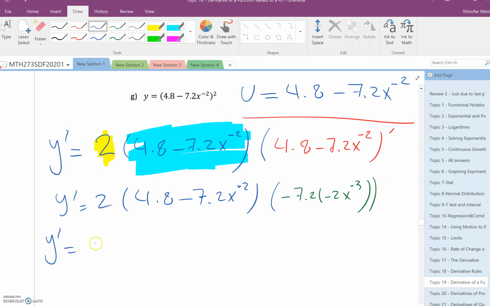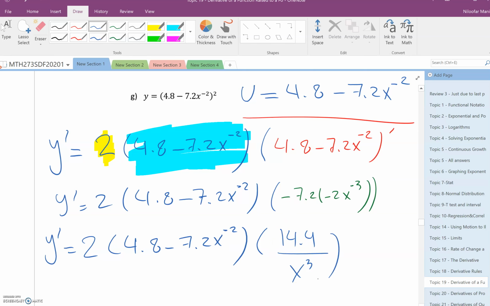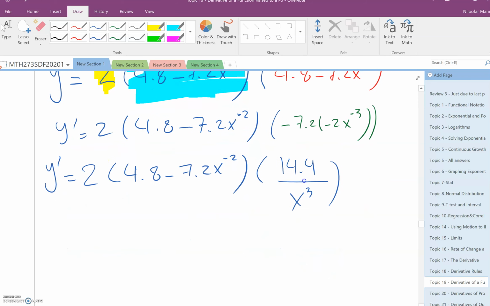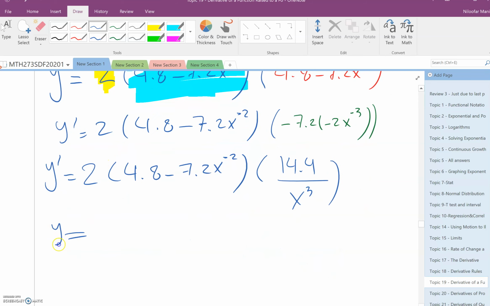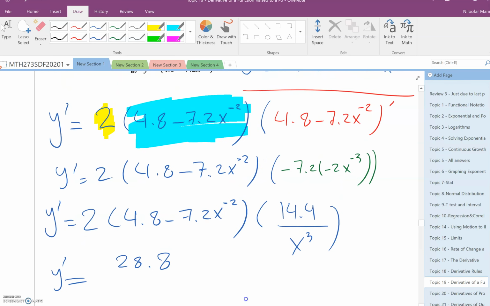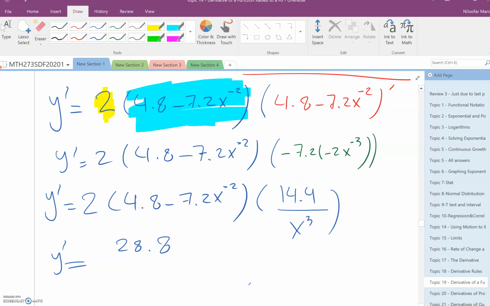Okay, so now step by step. y prime is 2 times 4.8 minus 7.2x to the power minus 2 times 14.4, right, divided by x to the power 3, because it's negative. So negative times negative is positive, and because it's a negative power, it can go down and change to a positive. So it is 28.8 because multiplied by 2.